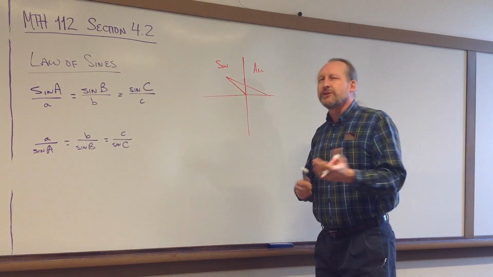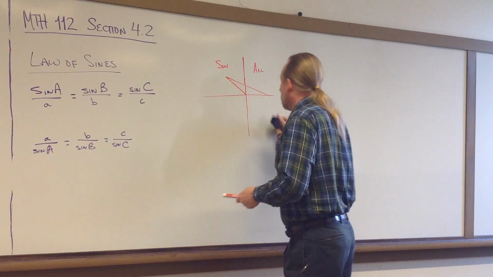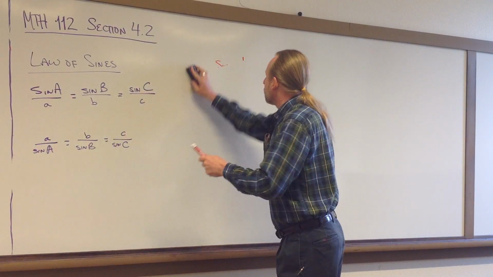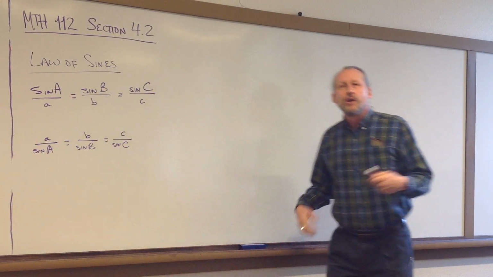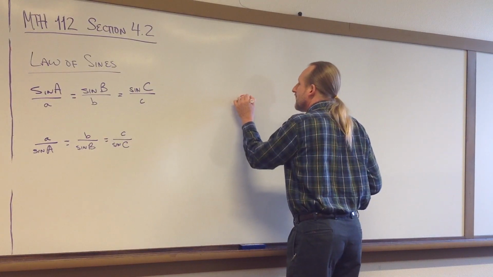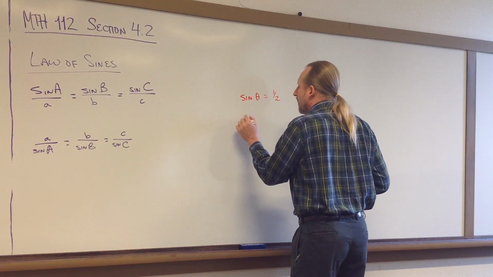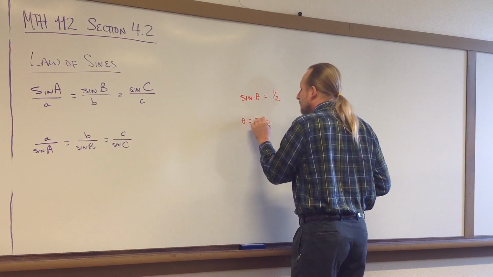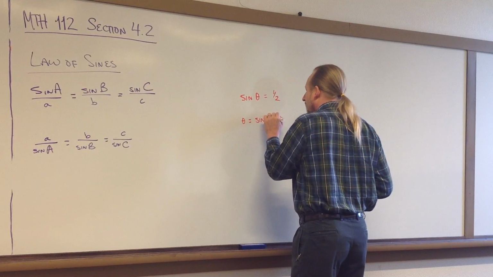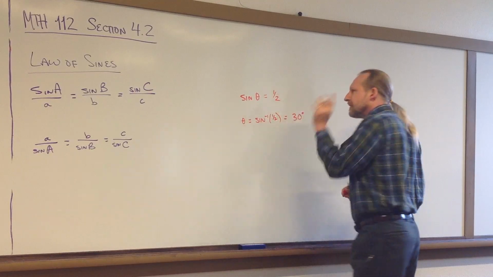So what does this have to do with the law of sines? Just like we saw in chapter 3 when we were solving trigonometric equations, if we say sine of theta is 1/2, then theta is the inverse sine of 1/2, and that's going to be 30 degrees.